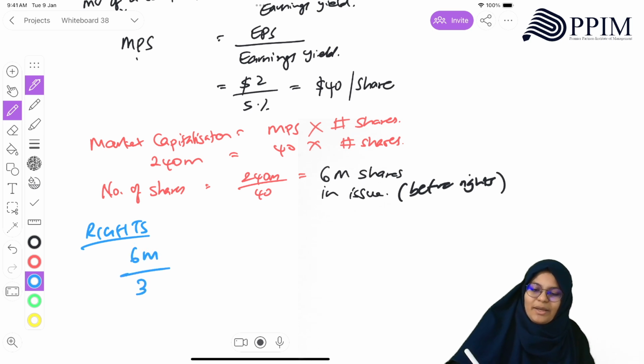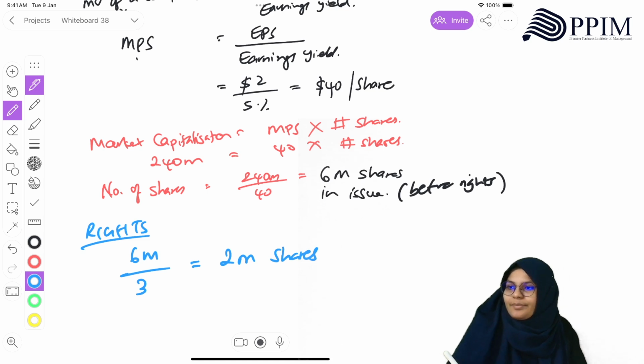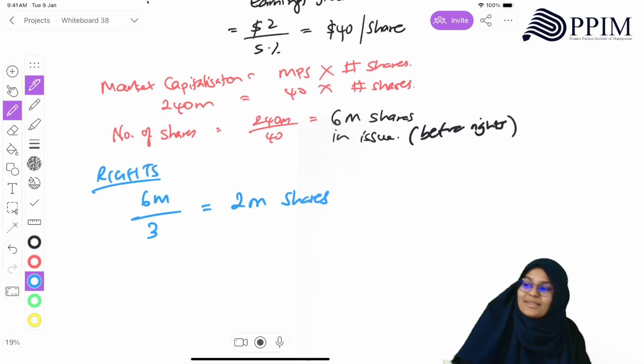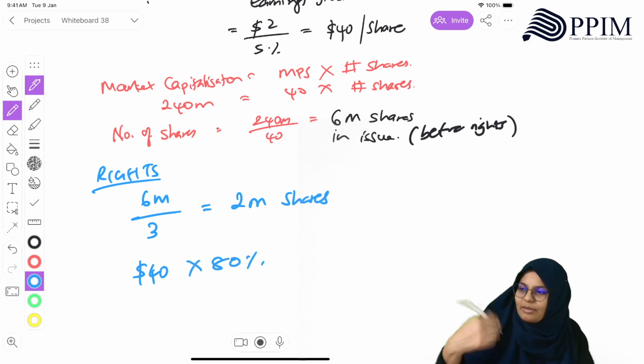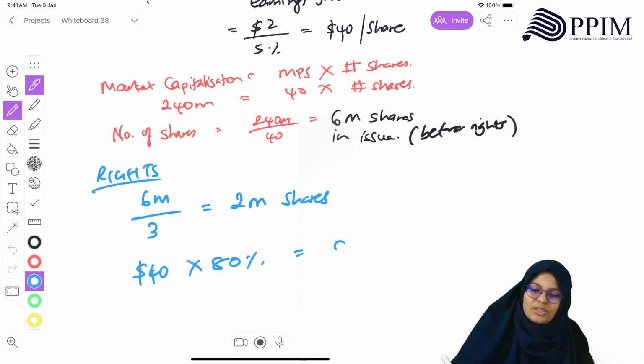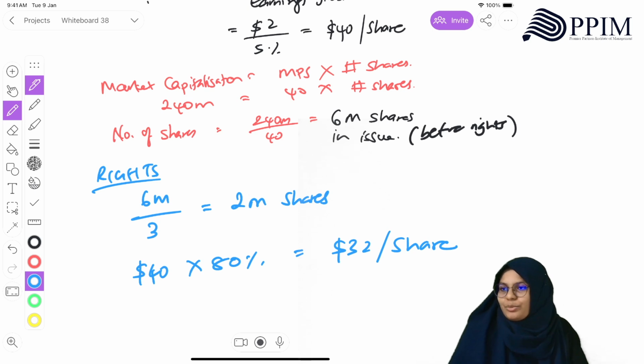If you divide that by 3, you will know that we are going to issue 2 million shares under the rights. And what is the price we are going to issue at a 20% discount, right? So currently it's $40 per share into 80% will give you the discounted price, which is $32 per share. That's the rights issue price. Okay.